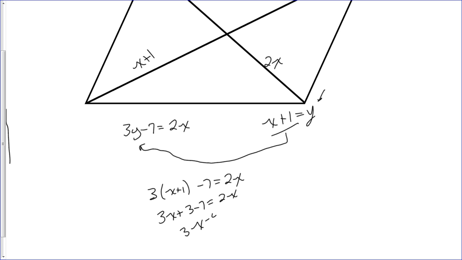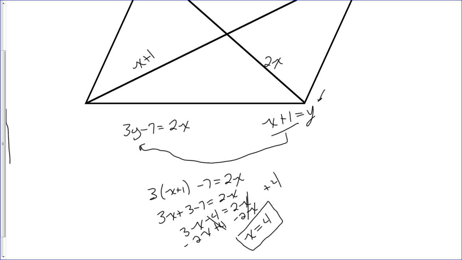So 3x minus 4 equals 2x. Subtract 2x, subtract 2x, add 4, add 4. So 3x minus 2x is x, equals 4.